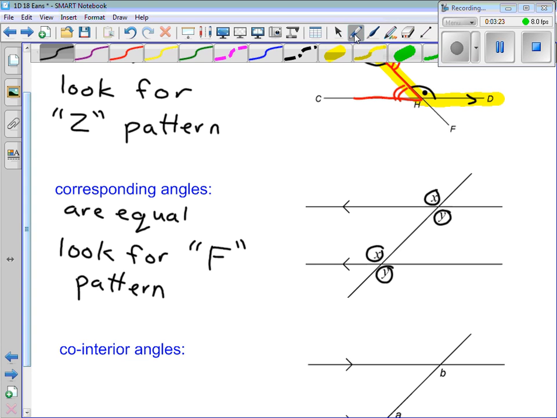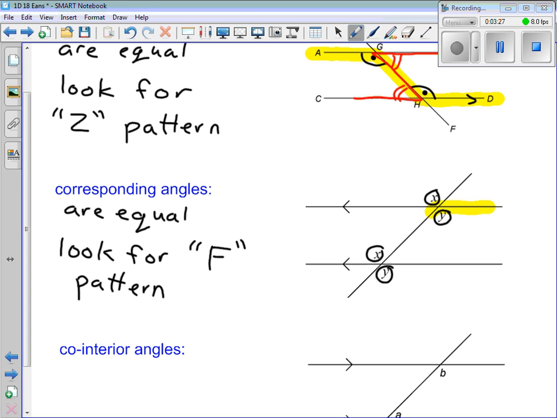Let's get the highlighter out here again. If I draw a line like this, and then like this, we've got kind of a tilted F there with those two parallel lines, part of those two parallel lines making the arms of the F. Our corresponding angles fall underneath the arms of the F. So we've got Y and Y in here as corresponding angles.